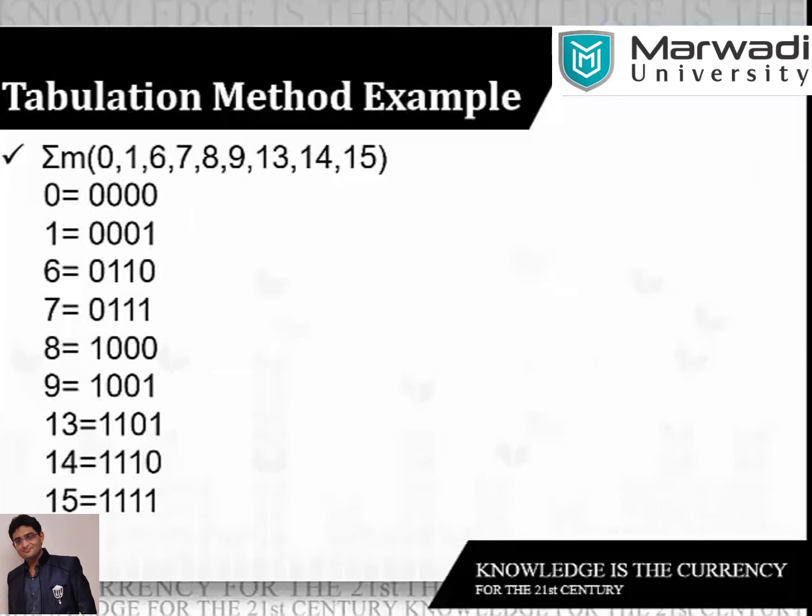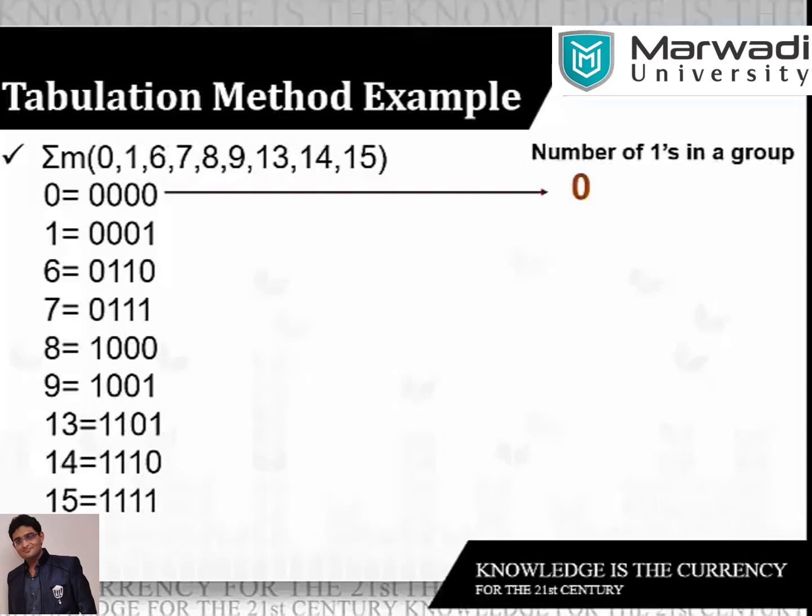Let's take the example. Here the given example comprises the minterms 0, 1, 6, 7, 8, 9, 13, 14 and 15. I have already written the binary equivalent of these minterms. Now we will be grouping them in terms of the number of ones in the binary representation.